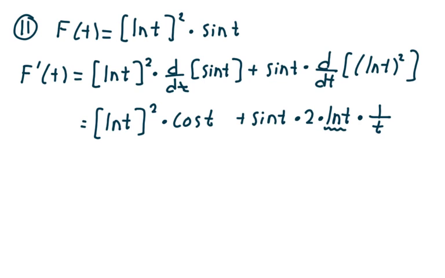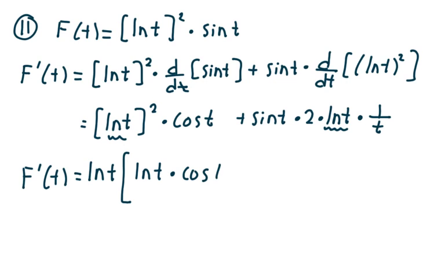But I'm going to factor a natural log of t out. And when I do that, I get natural log of t times natural log of t times cosine of t plus 2 over t sine of t. And I would talk to your instructor about how far your instructor wants you to simplify this. So it's just going to depend.